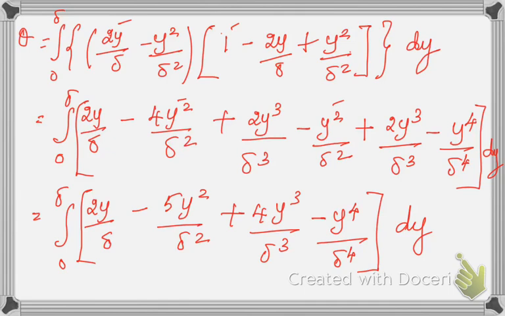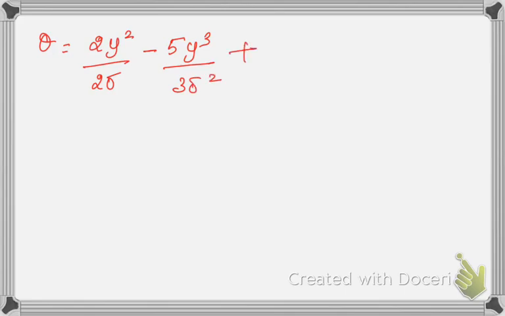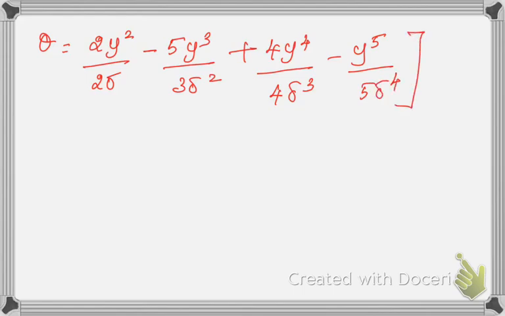So 2y by del becomes 2 into y squared by 2 del, minus 5 into y cube by 3 del square, plus 4 into y power 4 by 4 del cube, minus y power 5 by 5 del power 4, and I have to apply the limit 0 to del.